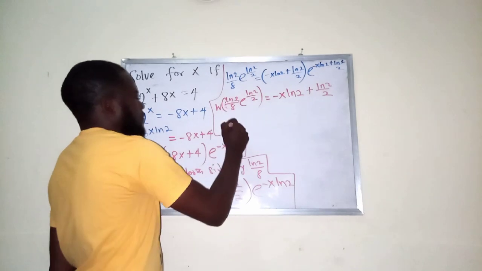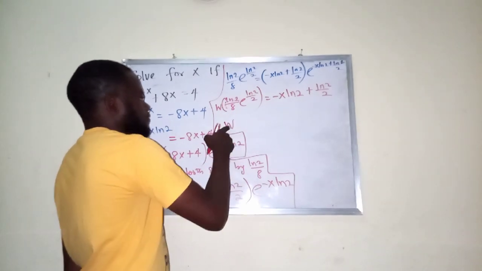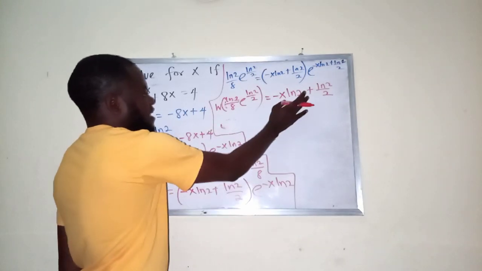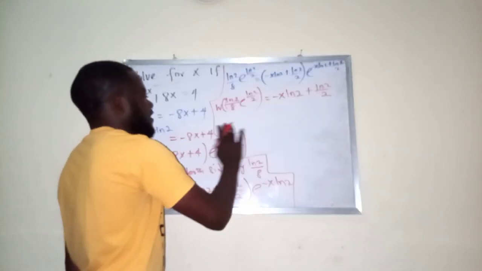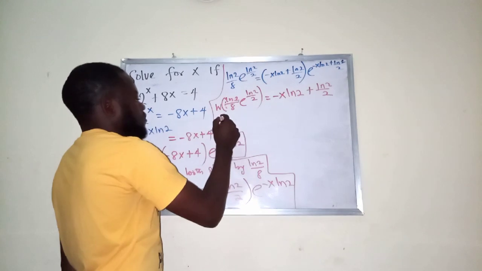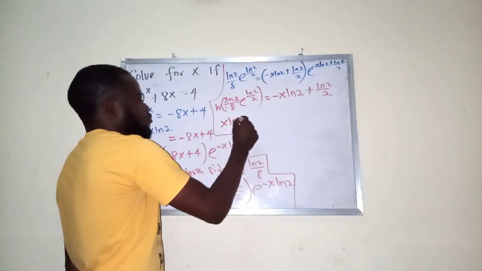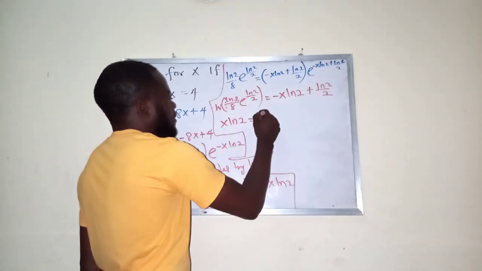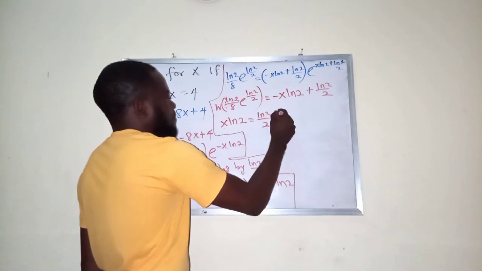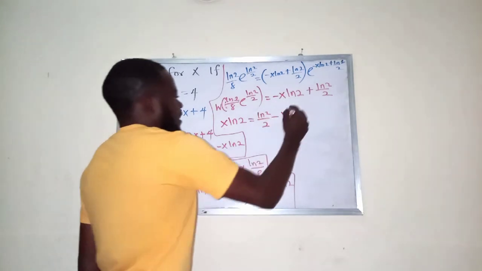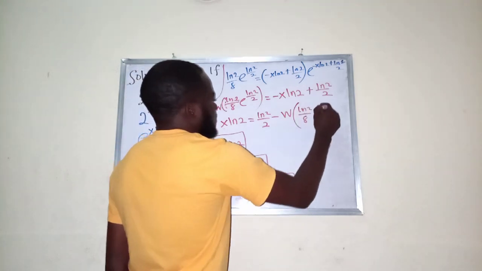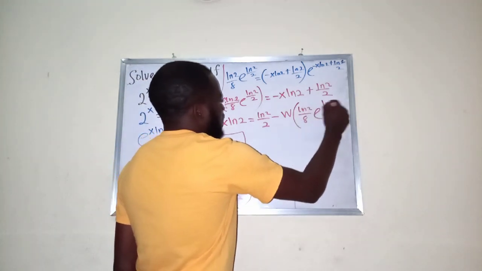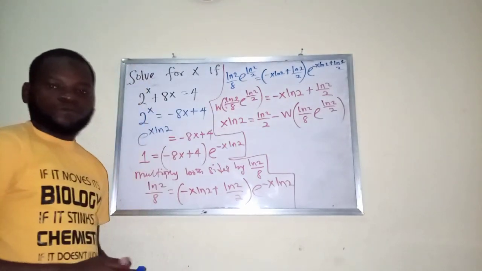Let me take this to the other side so that this one will take a positive sign, and take this one to the other side so that it will take a negative sign. So, I will have x ln 2 equal ln 2 over 2 minus the W function of ln 2 over 8 e to power of ln 2 over 2.